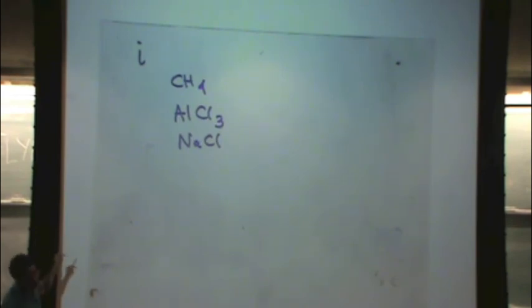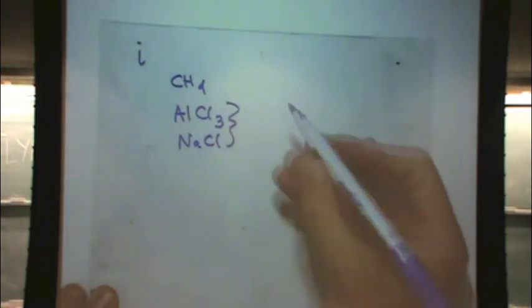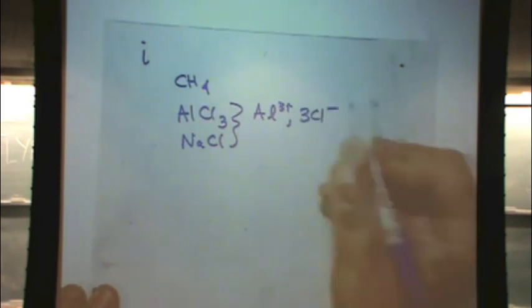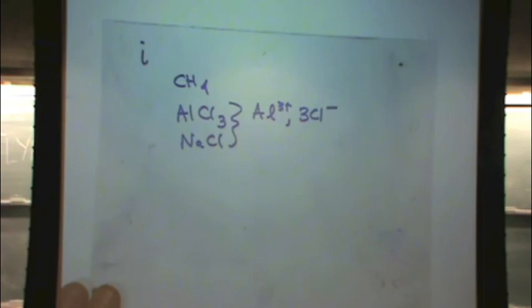So for example, the top one is not a good electrolyte. If you vaguely remember that from chapter 5, if you have my old 2A reader, the beginning of chapter 5 told you what's a good electrolyte and what's not. It's good to know that stuff for this. So the top one, CH4, is not a good electrolyte because it's a molecular compound, so it exists just as is. These two, though, are ionic. So you've got an Al3+ here and 3 Cl minuses because it separates out in solution.